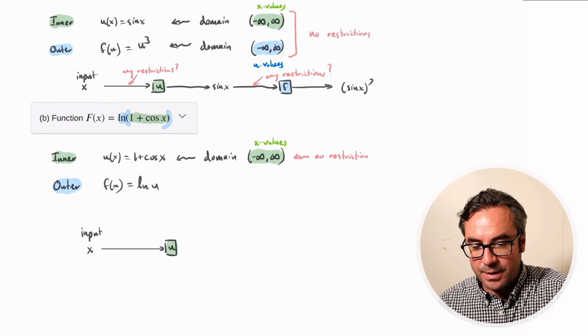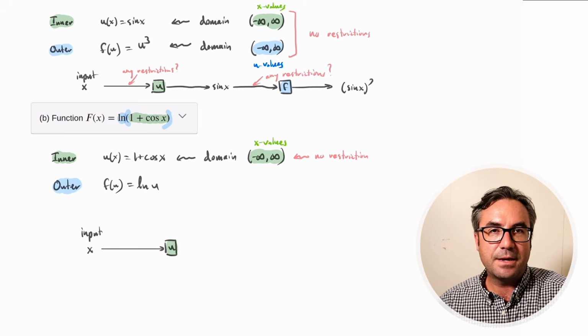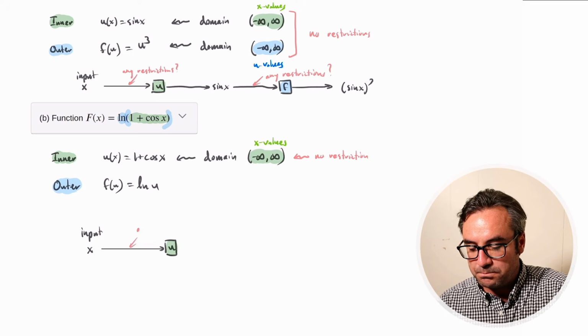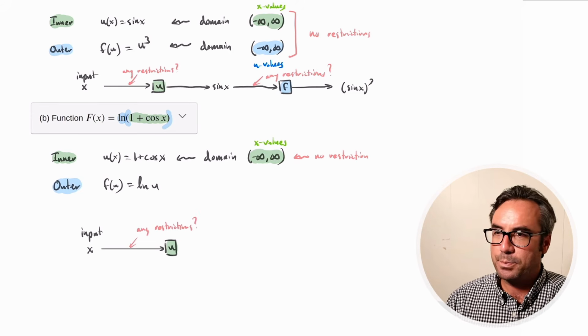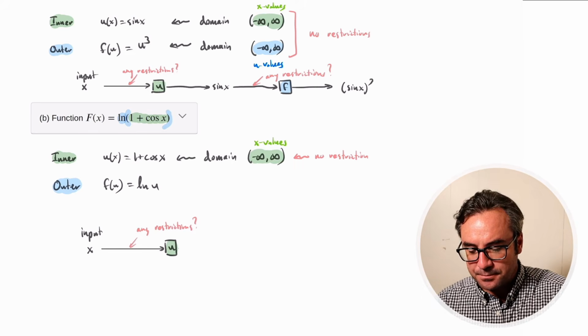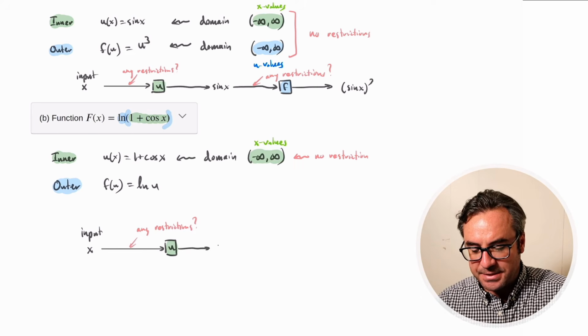At this point, we want to think, is there any restriction on what I can plug into function u? Based on the domain we found, no. We're good at this stage. Are there any restrictions there? Nope. All right, then that's going to spit something out, and in our case, that spits out 1 plus cosine x.